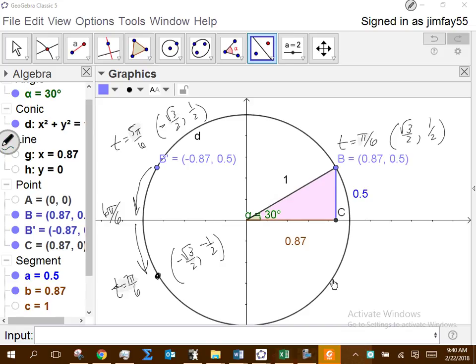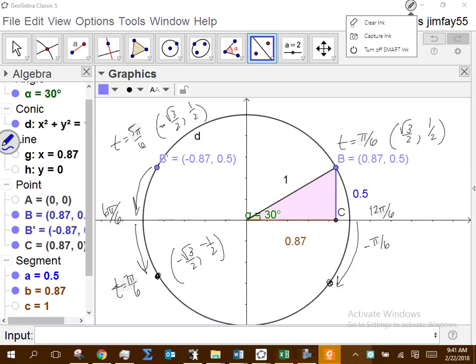I come over here, I flip this thing again on the y-axis to reflect across the y-axis. So I come over here. Now, that arc would be negative pi over 6. Does that make sense to everybody? And one complete revolution would be 12 pi over 6.